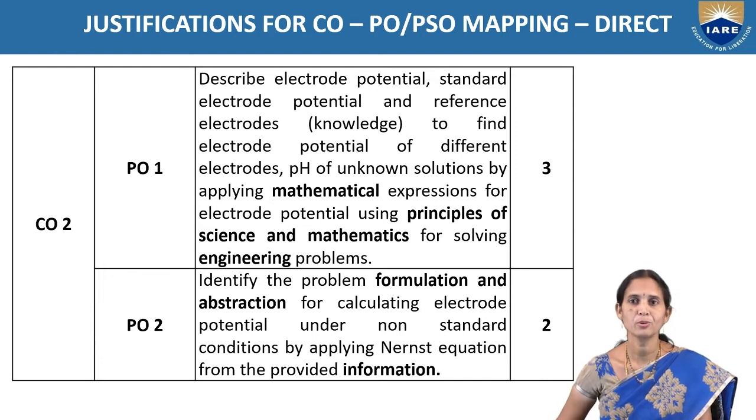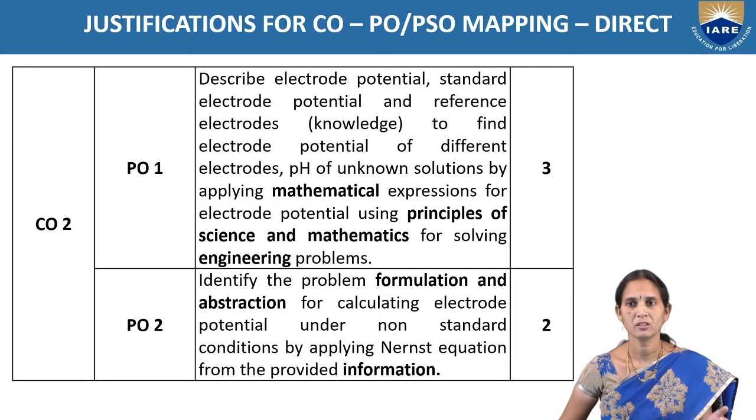Next, PO2, program outcome PO2. Identify the problem formulation and abstraction for calculating electrode potential under non-standard conditions by applying the Nernst equation from the provided information. Means students will get the problem. Information is provided. What they do? They will remember. They know the formulas. So they will take the formulas.